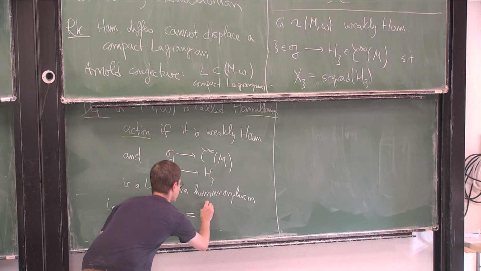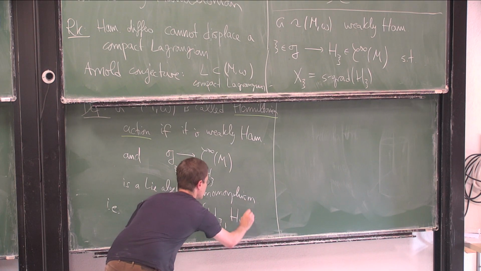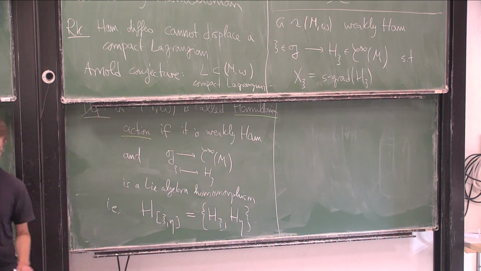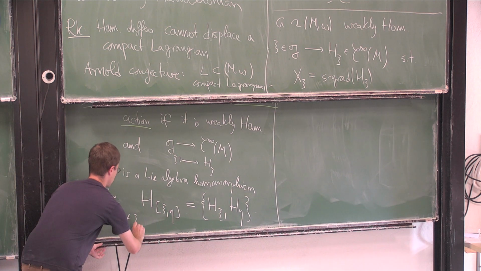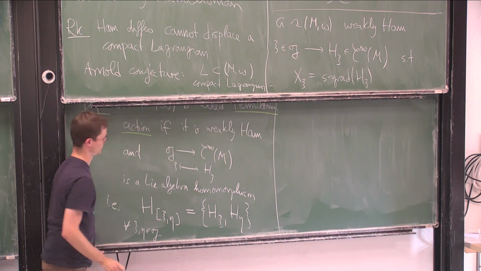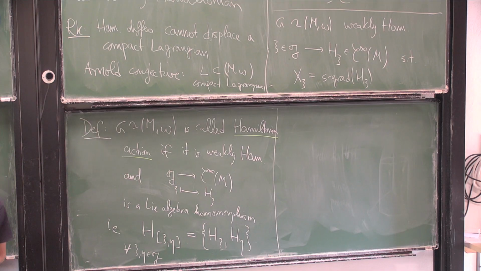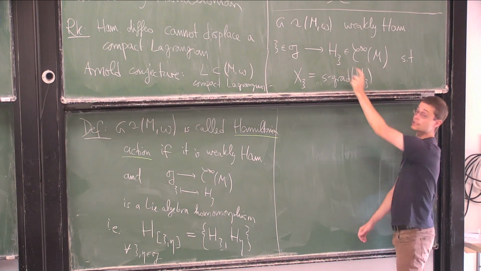This should be the same as taking the Poisson bracket between H psi and H. So this should be satisfied for all psi in the Lie algebra. Okay, maybe one comment, an important comment, like, is this function, is this Hamiltonian, like say it exists, I mean you know, if it's weakly Hamiltonian, you know it exists, is it unique?